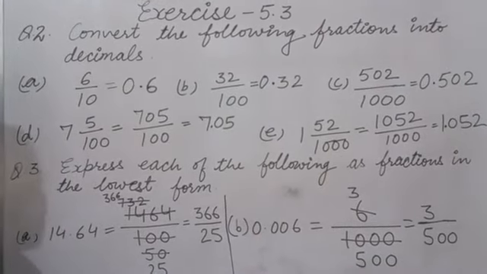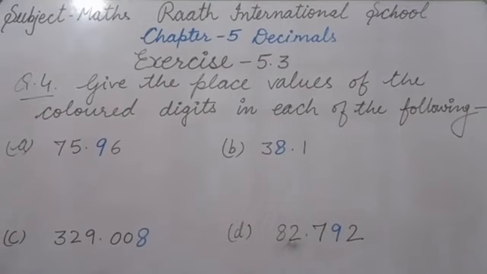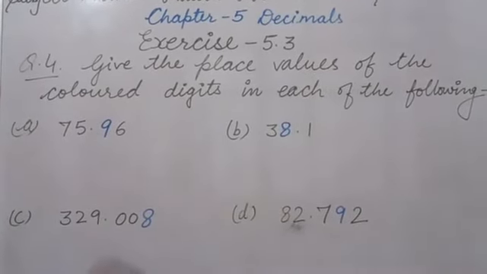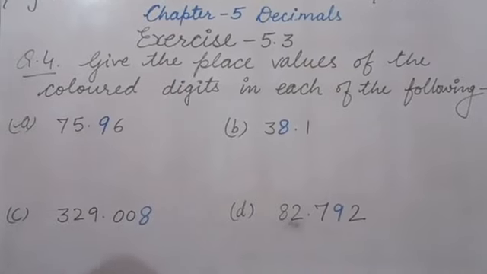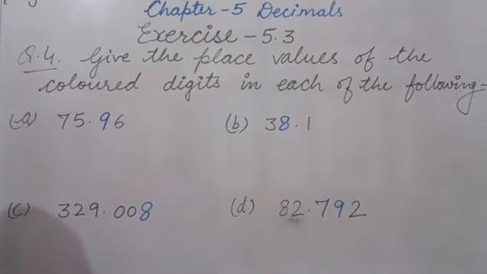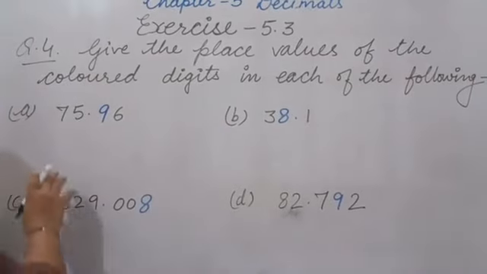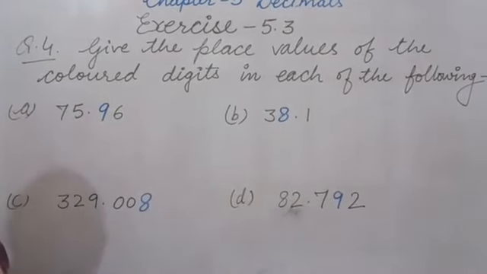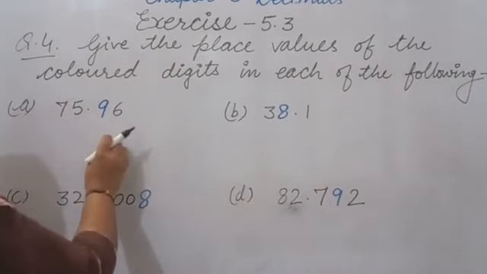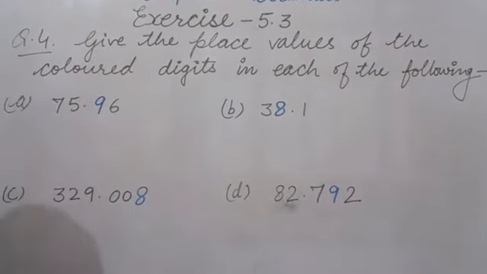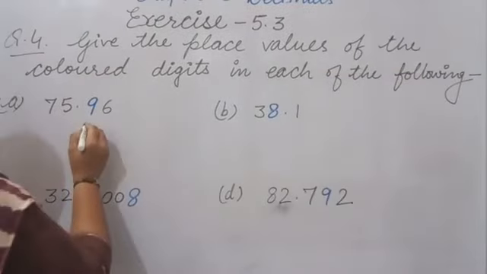Now question number 4. Give the place values of the colored digit in each of the following. Here colored digits are given to you. You have to find their place values. Okay. Now A part is there, 75.96. So which is colored here? 9. So you have to find place value of 9. So how you will find?